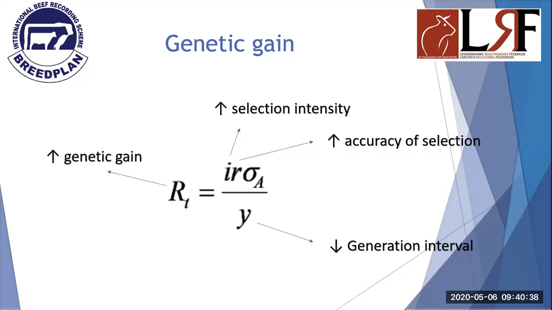So we want to select the younger bulls. But normally when you select your younger bulls, their EBV accuracies are normally lower. So their EBVs might change more than your older, more proven bulls. So yeah, you always need to keep a balance when selecting your bulls.